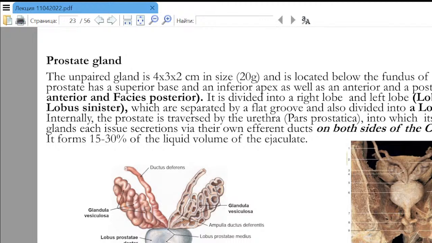It forms 15-30% of the liquid volume of the ejaculate.